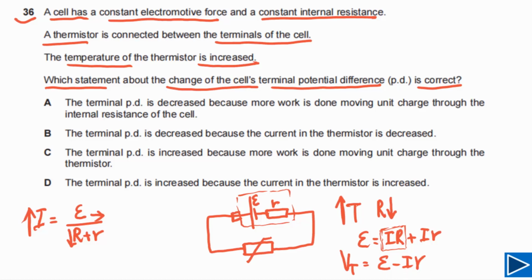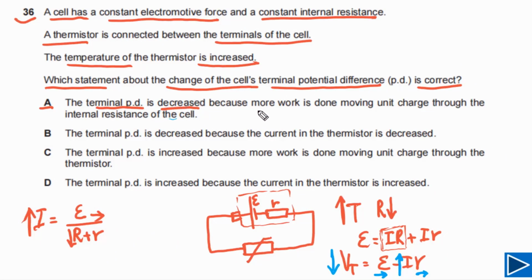For this question, EMF is constant and r is also constant. If current increases, it simply means that Vt will decrease. So the terminal potential difference will decrease because work is done against the internal resistance of the cell, same as we have discussed before.